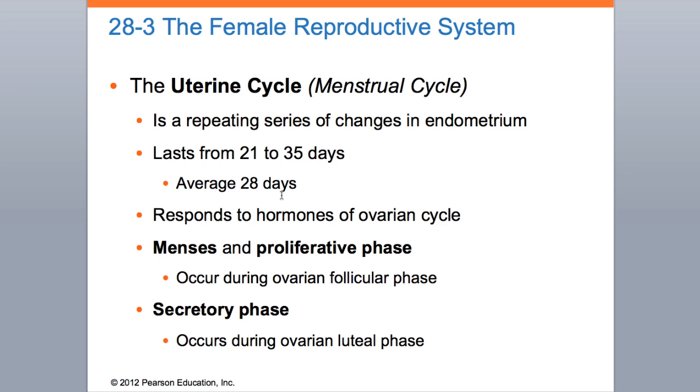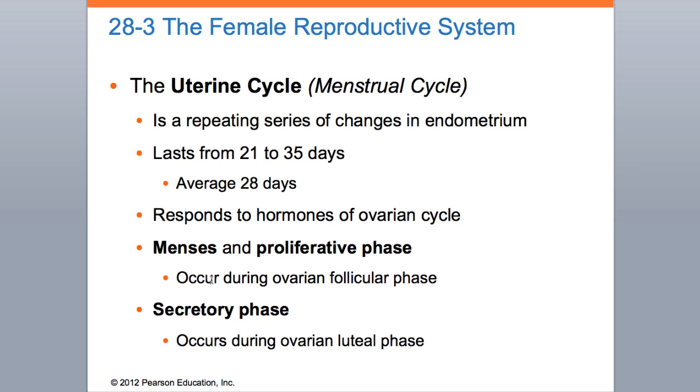Now, down here we see menses. We're now talking about the uterine cycle or the menstrual cycle. We're no longer talking about the ovary. But what do you see down here? Ovary mentioned. Now, I already told you that when will menses occur?